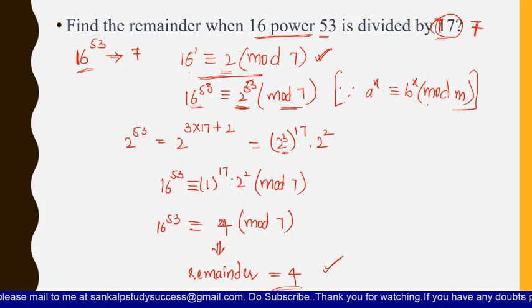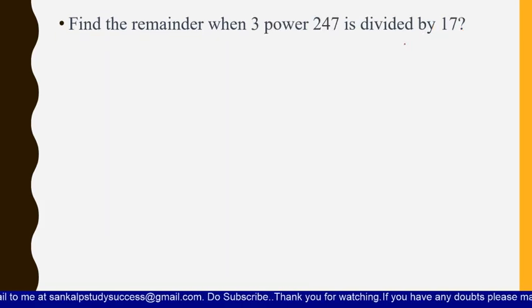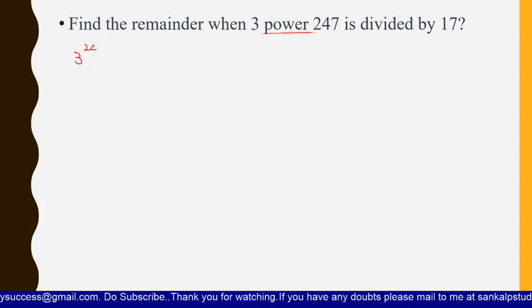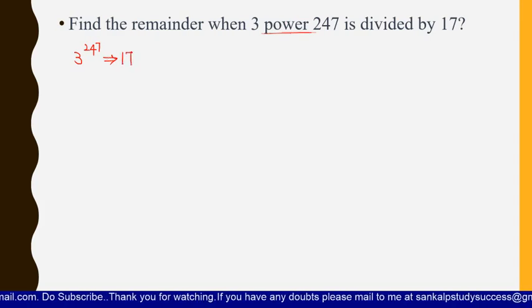Now let us see one more example of the same model, so that it will be clear if you solve this problem. So here, find the remainder when 3 power 247, that means 3 power 247, is divided by 17. What is the remainder?